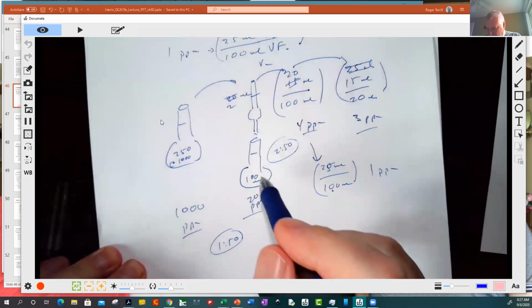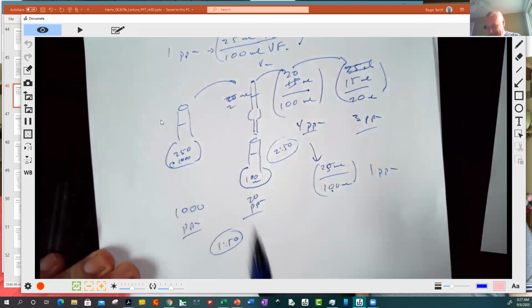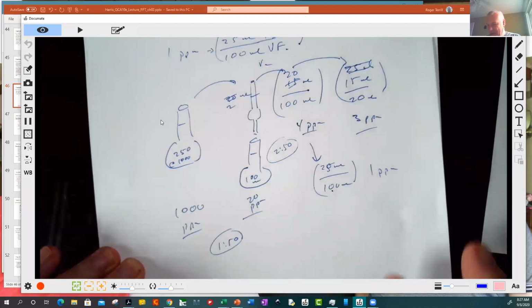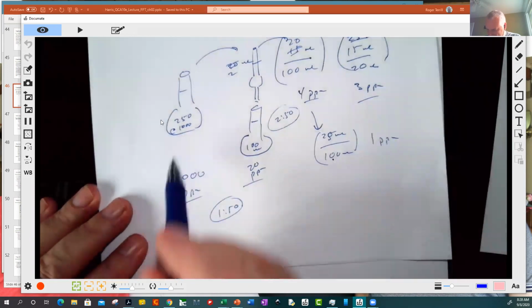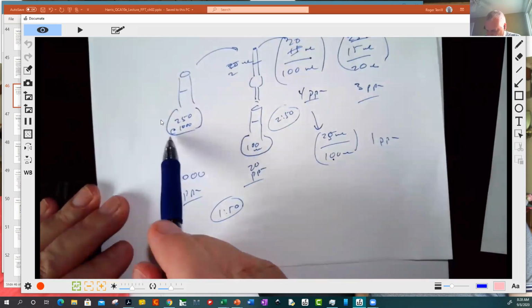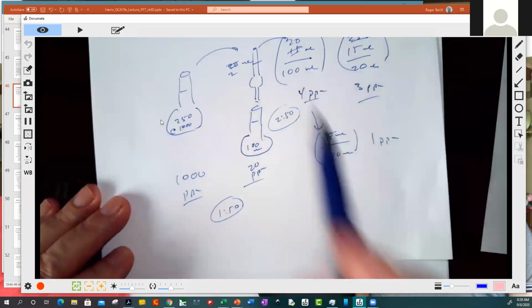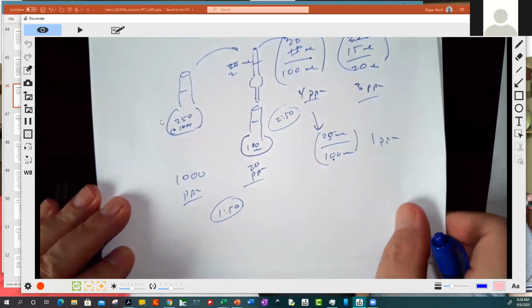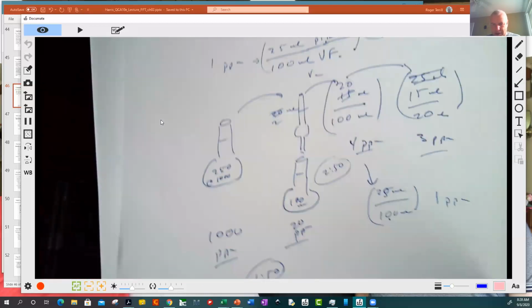If you screw up the first dilution, all the subsequent ones will be messed up. So that might not be good, but sometimes you just have to take that chance. But you want to go down from 250 all the way to 4, you could probably devise a single step there to do that.